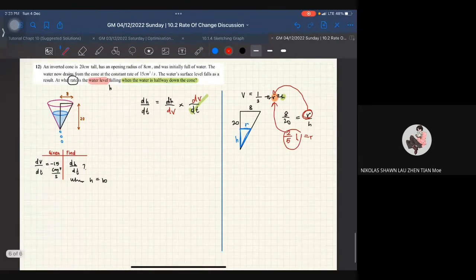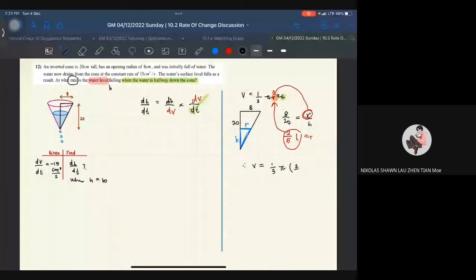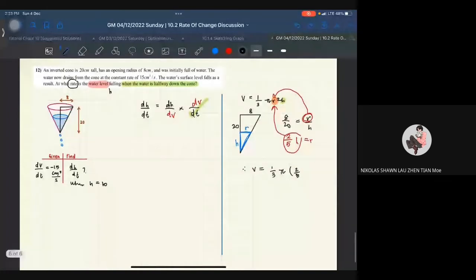Okay, so jom. Right, so from here saya akan dapat V equals to 1/3 pi, and then R is 2/5 H. Kita ada square, and then darab lagi dengan H. Okay, so let's simplify this one.